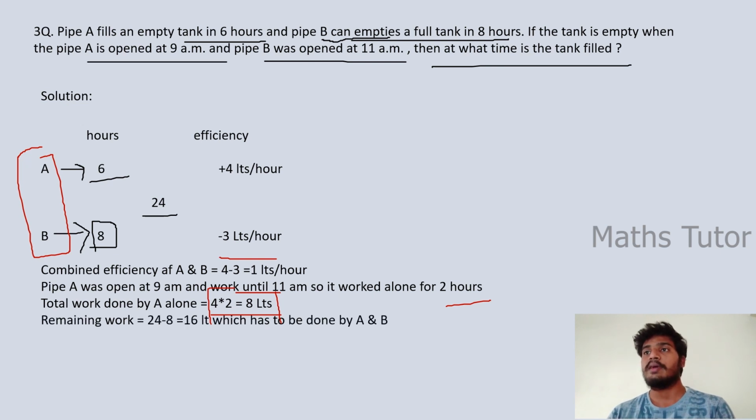After 2 hours, pipe B was opened. So the combined efficiency of A and B becomes 1 liter per hour.